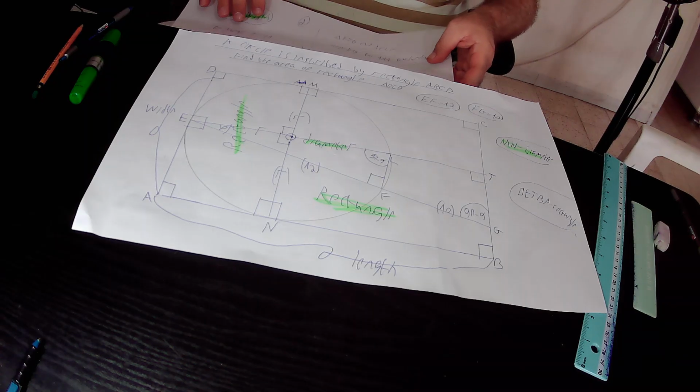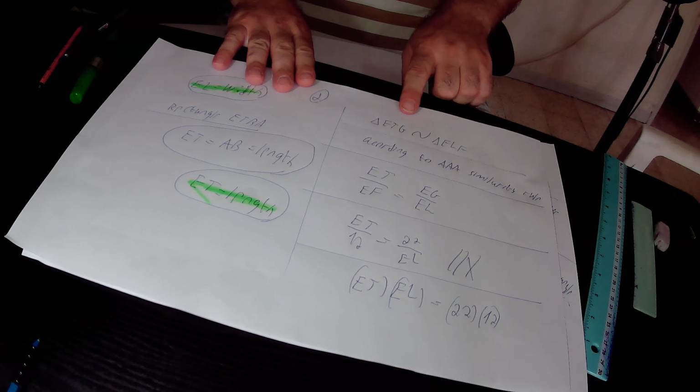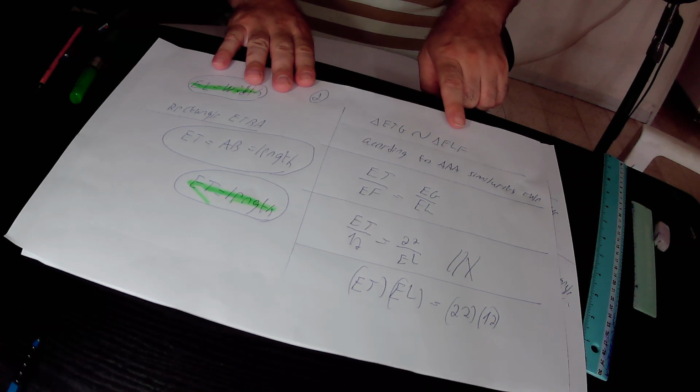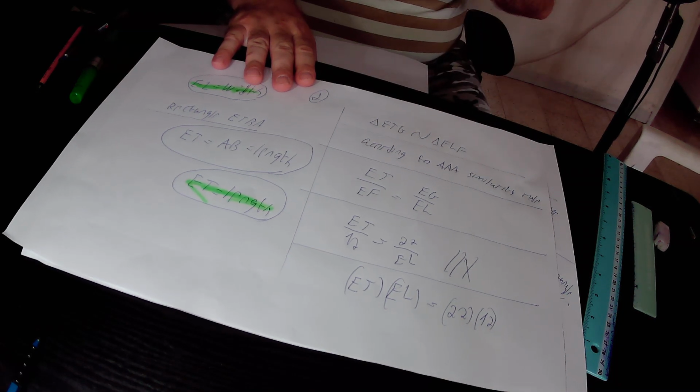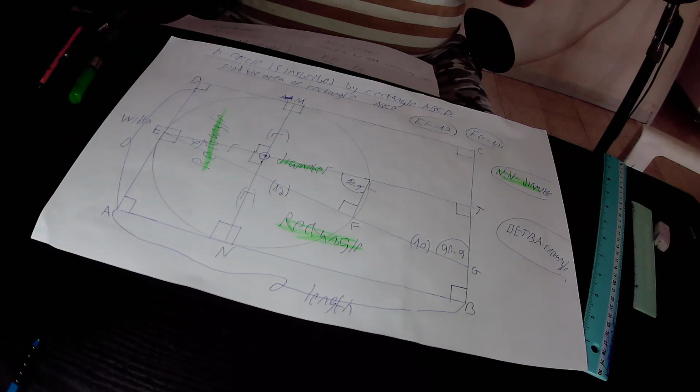And from the fact that they are similar to each other, so again, the big right triangle ETG is similar to the right triangle ELF according to the angle similarity rule. And from the fact that those two right triangles are similar to each other, we derive that the following relationship exists between their sides.